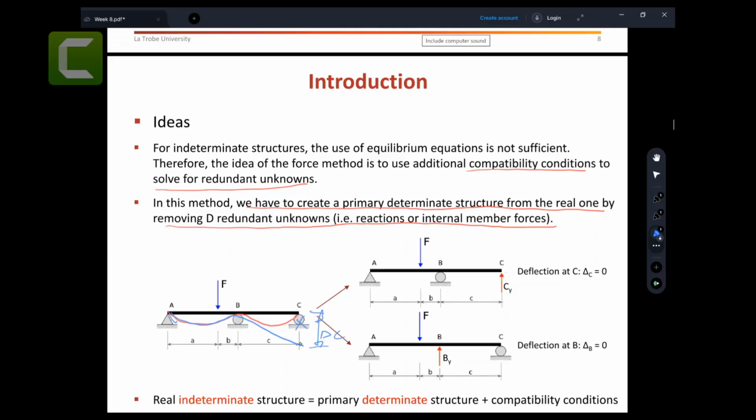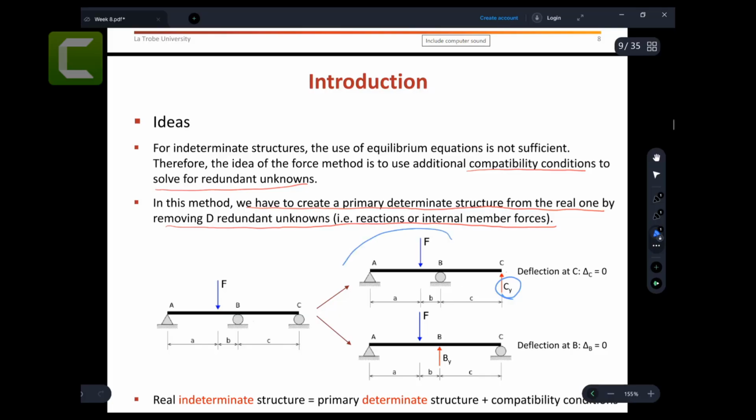But then I put an extra force that will push it back to here, right? I put the extra force to make it 0, because at the moment the deflection here is 0. So I put an additional CY to make the deflection 0. So in that case, CY is what we need to find such that the deflection equals 0.